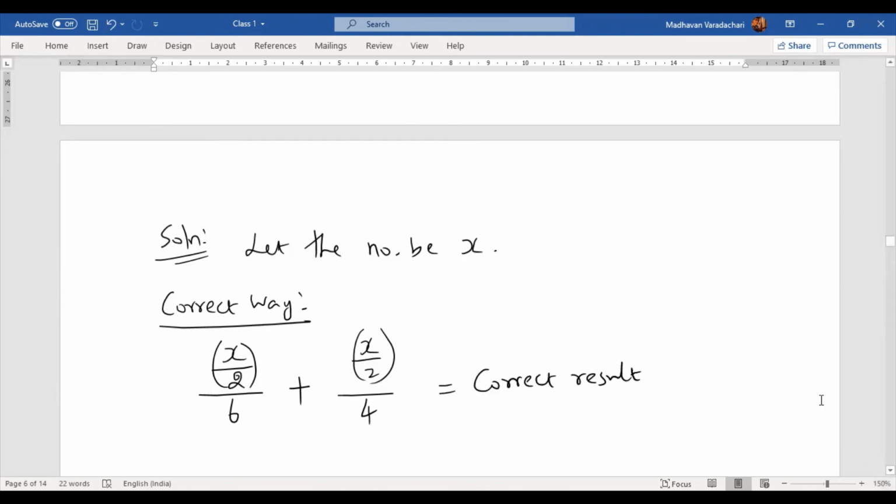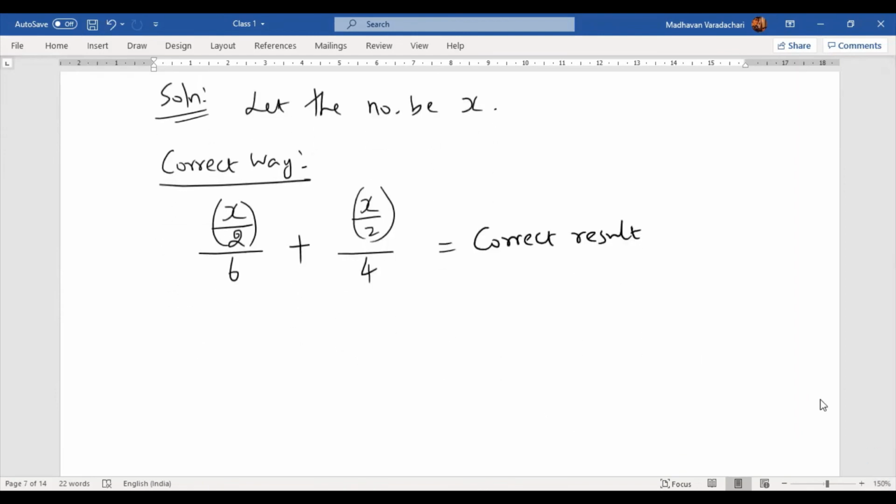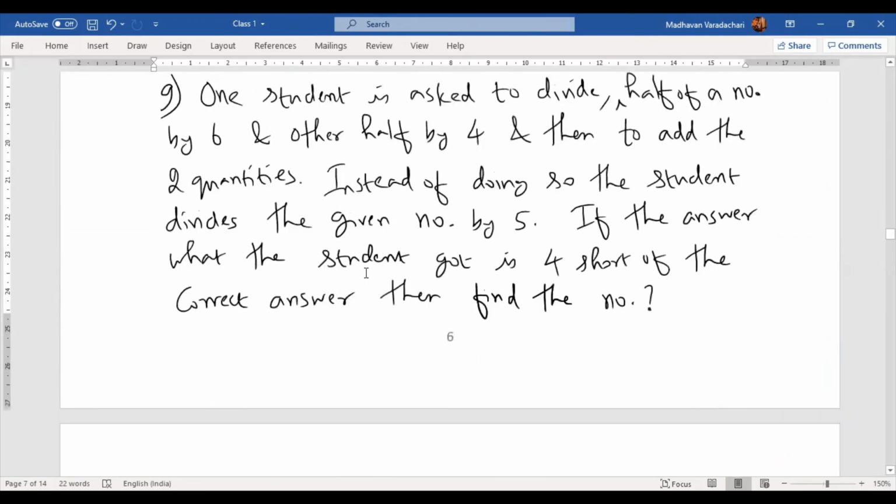But what that student did, he did in a wrong way. What is the way he adopted? Instead of doing all these things, he simply divided the number by 5. Now, what does the question say?